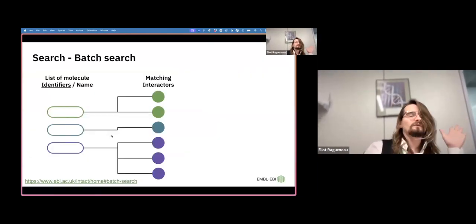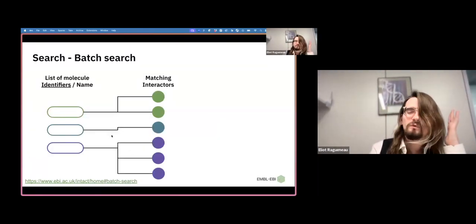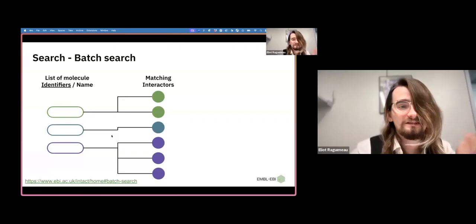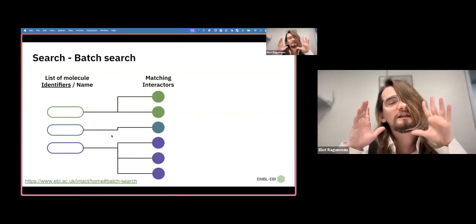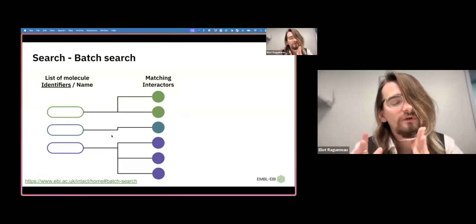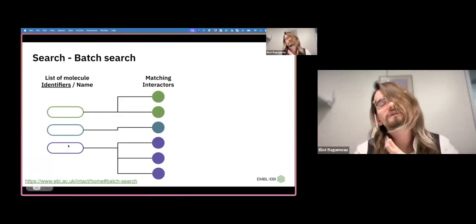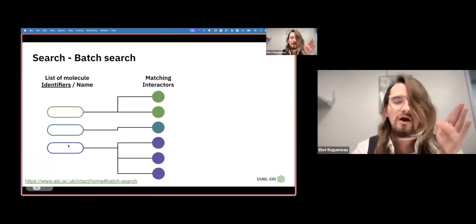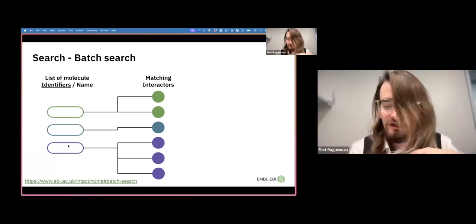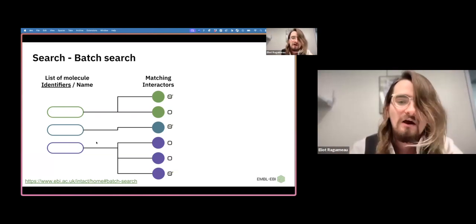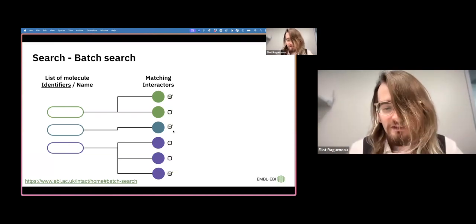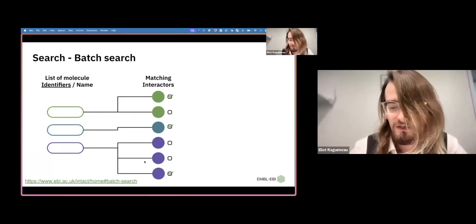The second way to build networks is using the batch search. In batch search, you provide a list of molecule identifiers or names. So let's say here three, and then we will try to find within the IntAct database which interactors you were really talking about. Then it's up to you to say, okay, what I really meant was this one and this one and this one, and not the other ones.